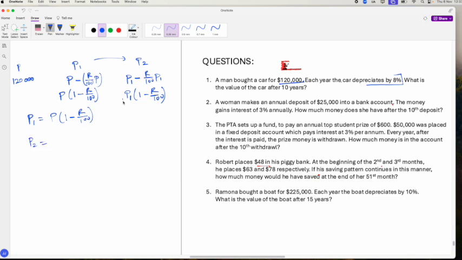P2 is P1, which is this, times this, which gives us P into 1 minus R over 100 squared.